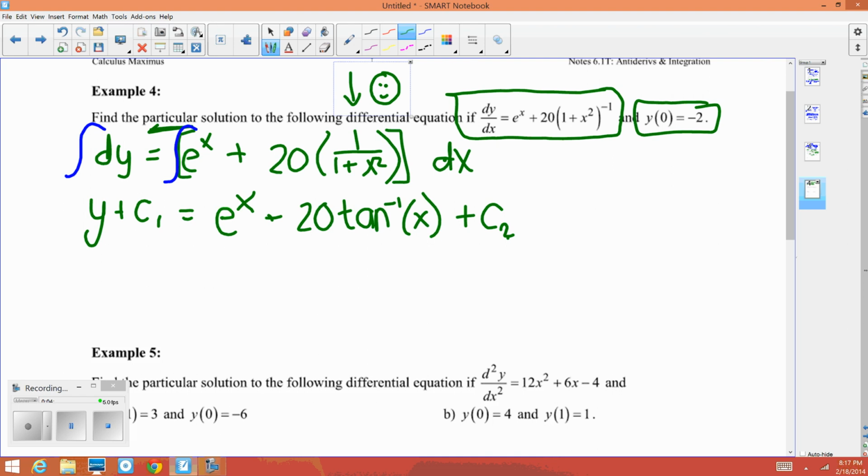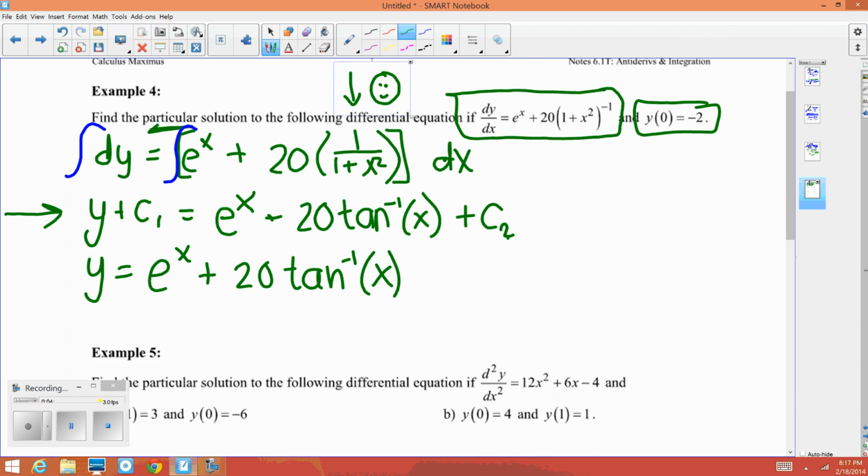It's not the same. Now, one thing that we're going to do, you'll never have to do this c1, c2 thing again. If I move that to the other side, that's c1, so I'll get c2 minus c1. But this right here is just a constant.